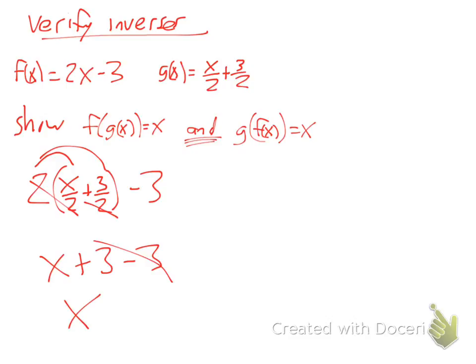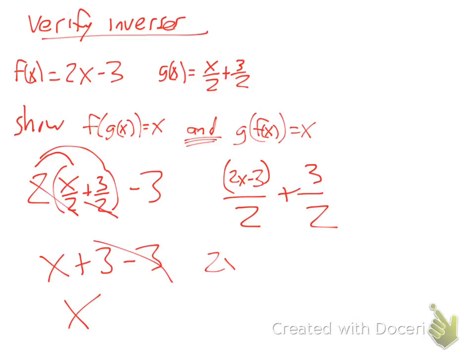We're happy. We now have to go to the other side and say, okay, I'm going to start with something divided by 2 and add 3/2 to it. What am I putting in this one? 2x minus 3. Okay, now, guys, this part right here goes back to what we did earlier, that I have a common denominator. I can split this up.